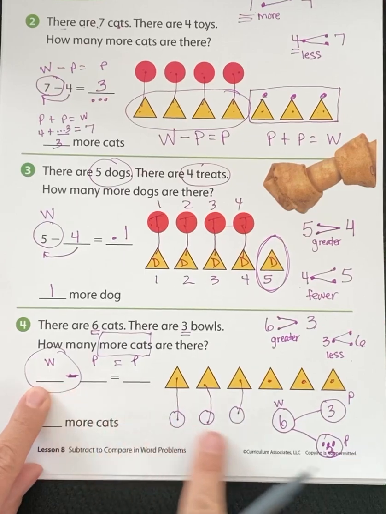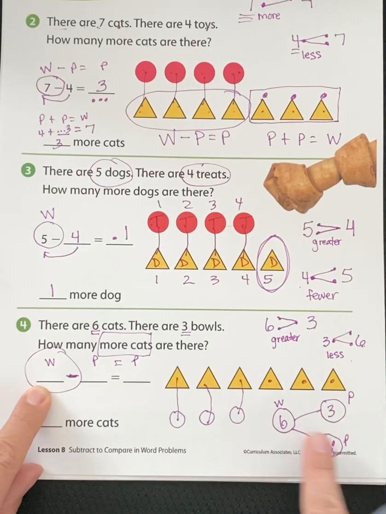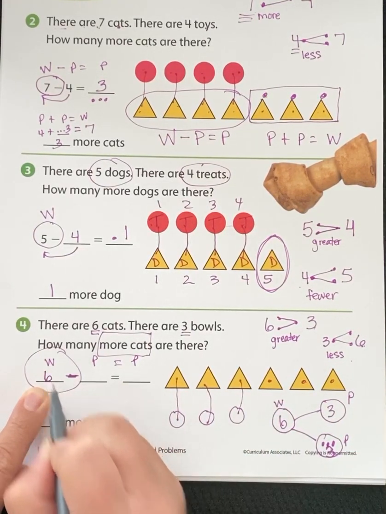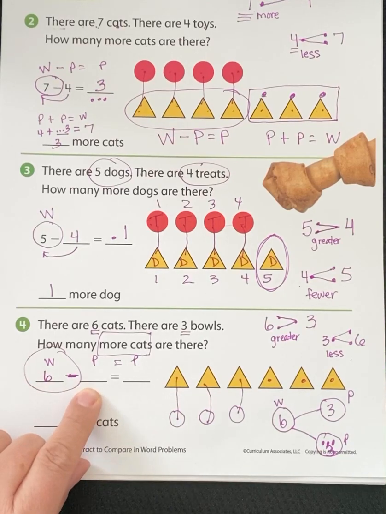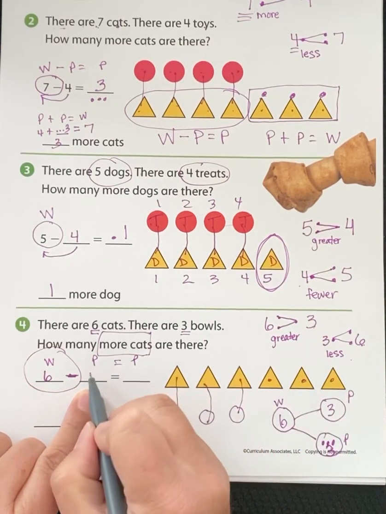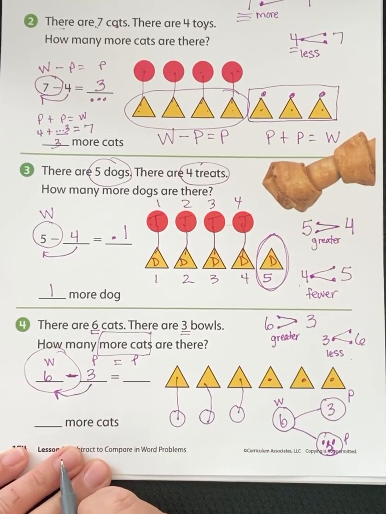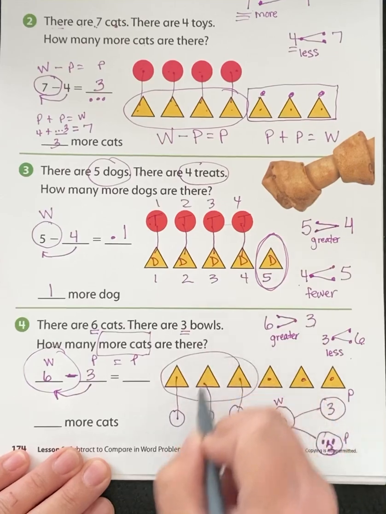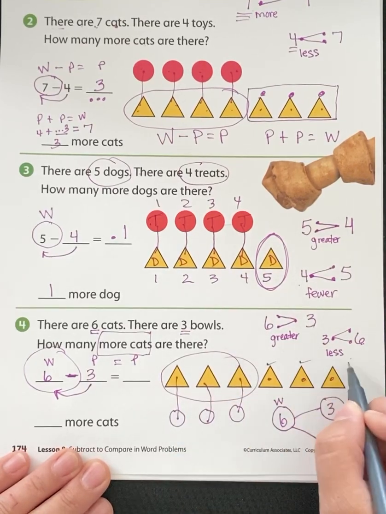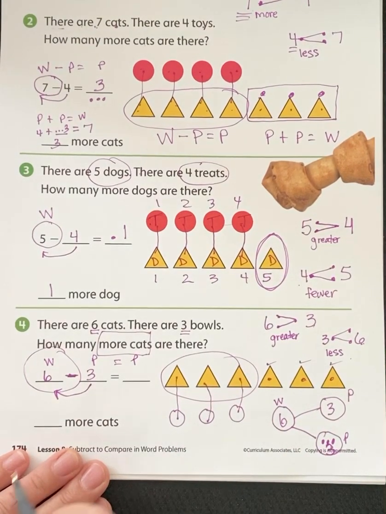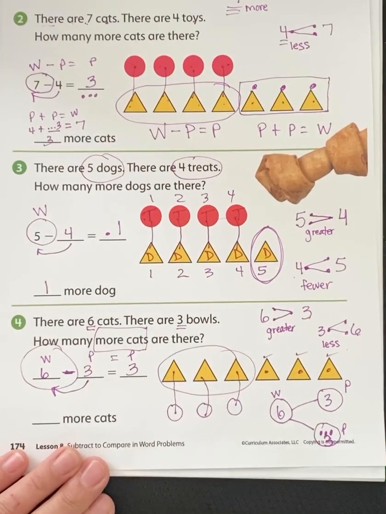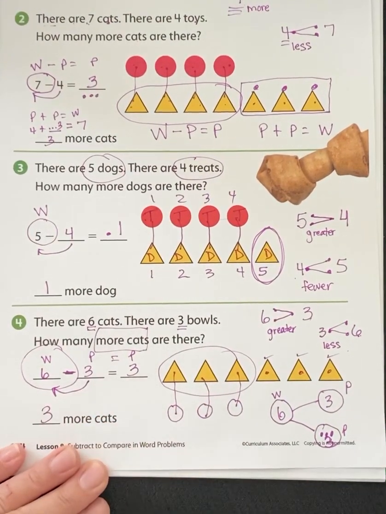Which one was the whole? Right, 6 was the whole. What's the part that I knew? 3. We know we can count on from the part we know up to the whole. Do that with me. 3, 4, 5, 6. How many more cats were there? 3. 3 more cats.